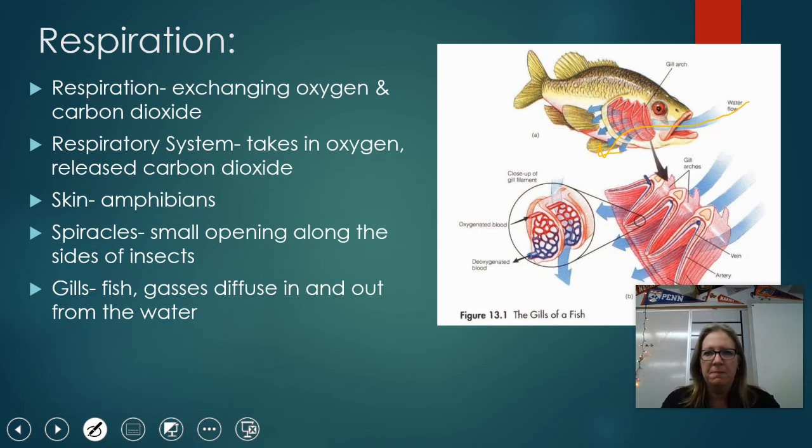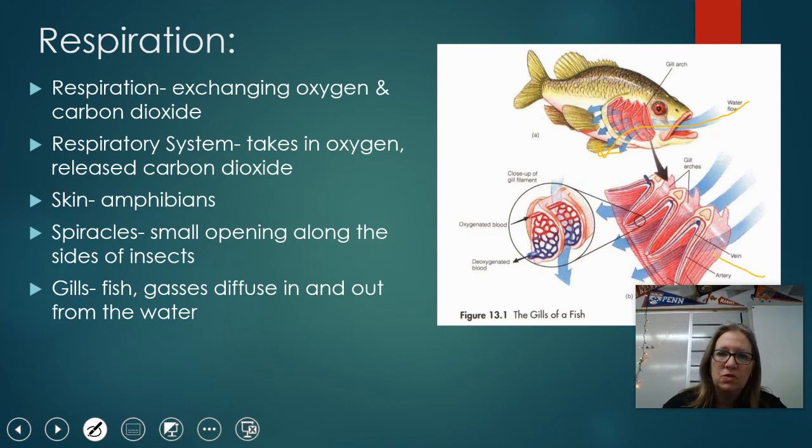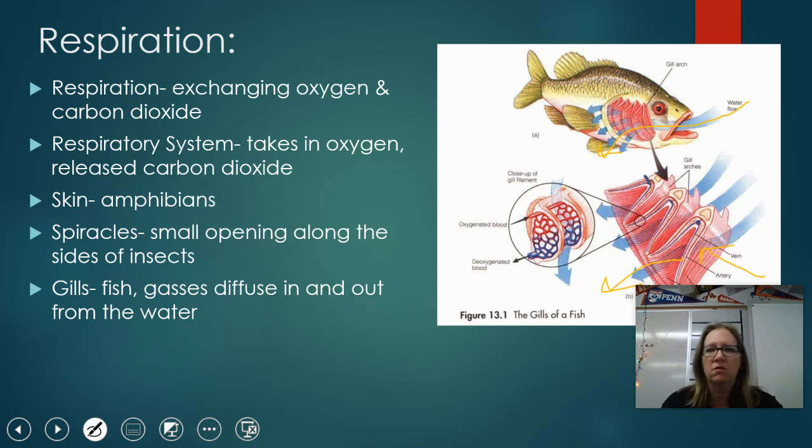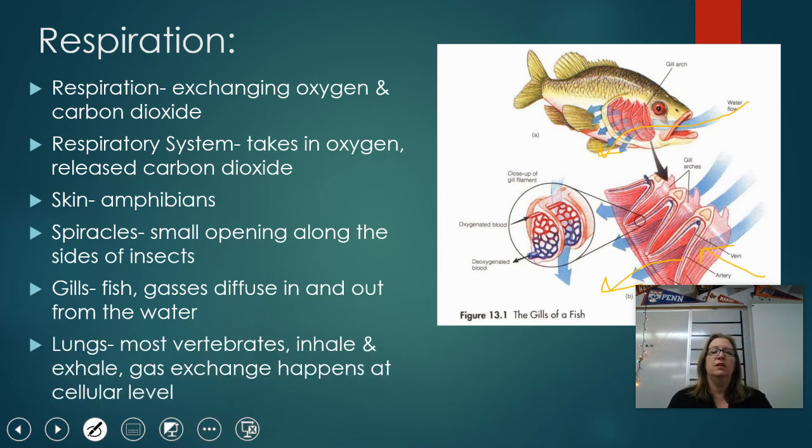Okay, and as the water flows over the gill, the oxygen in the water goes into the gill, into those blood vessels, and the carbon dioxide from the blood vessels, the waste, goes back out into the water. And this just happens by the movement of the water over it in a process known as diffusion, which we'll learn more about. And then finally, we get into the vertebrates, and they have lungs, okay?